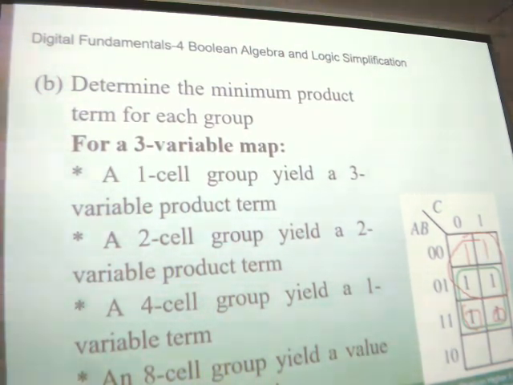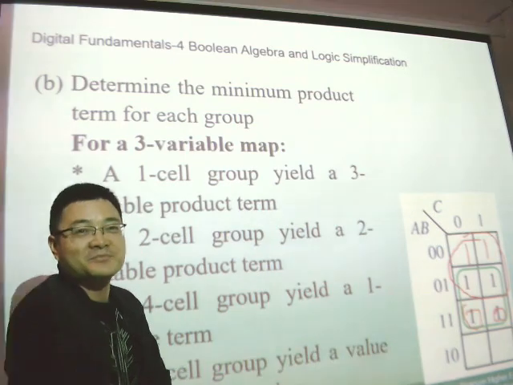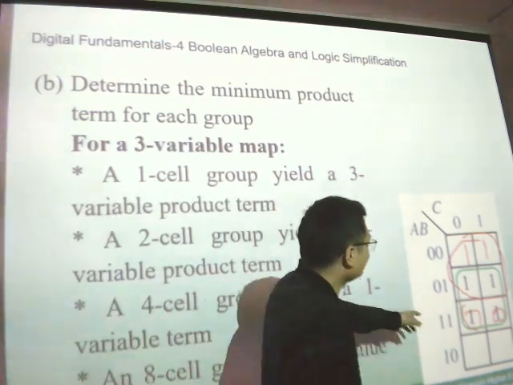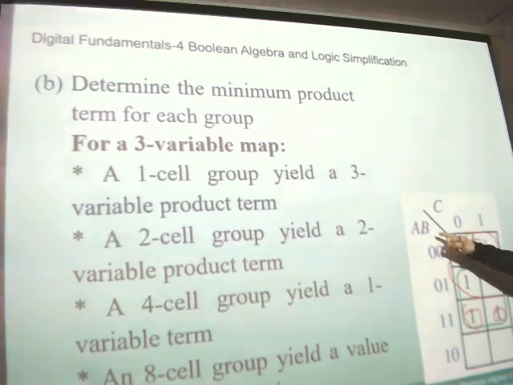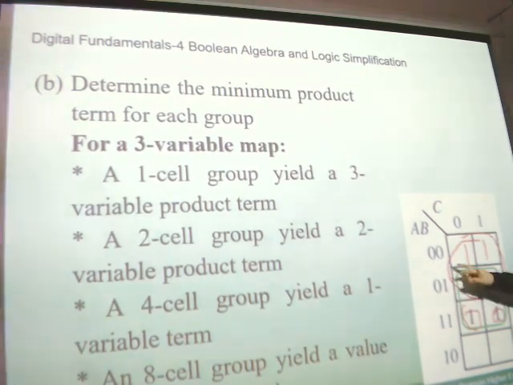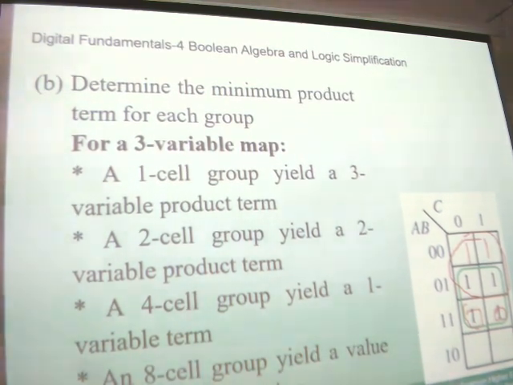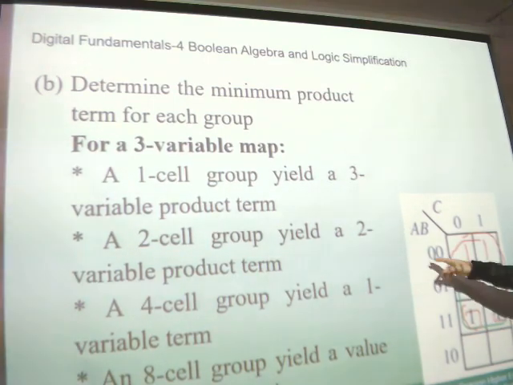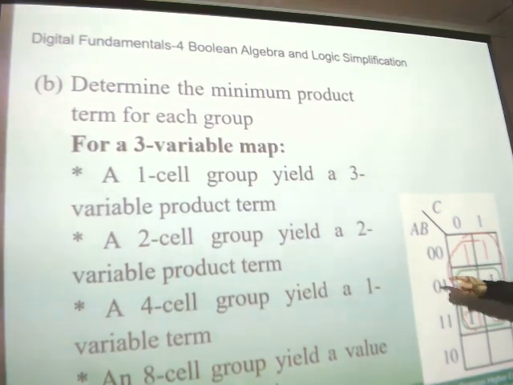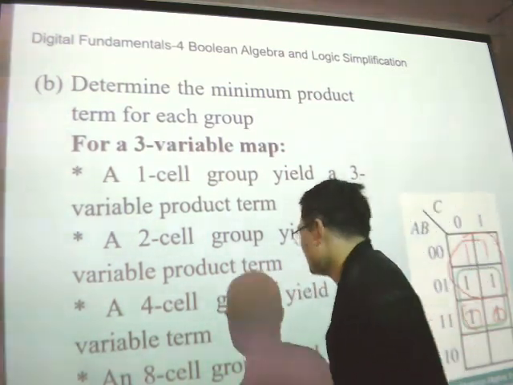A bar. Right. Very good. Because in the group there are B bar and B, C bar and C. So B and C are eliminated. Only A bar is retained.